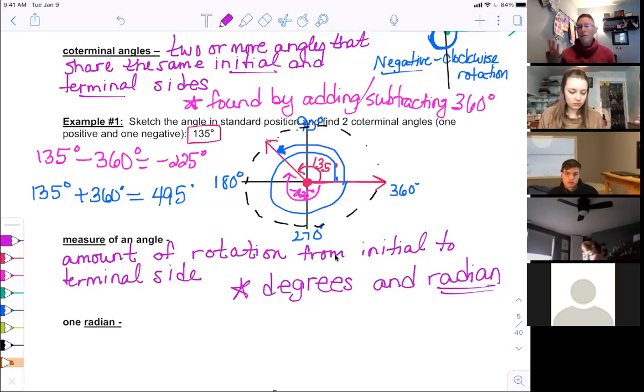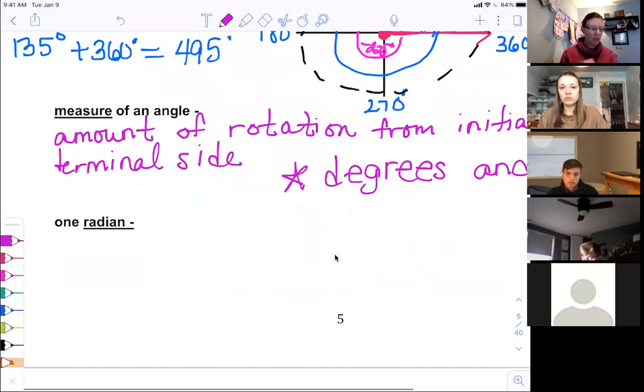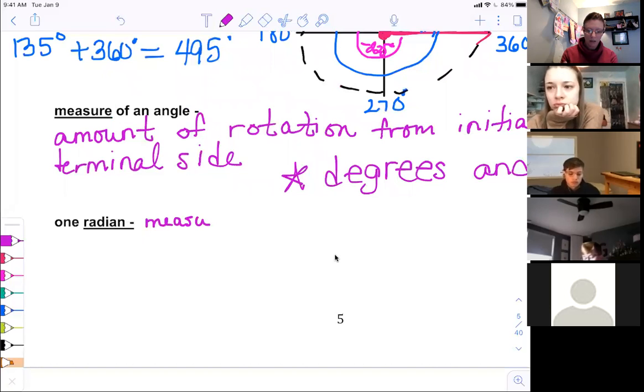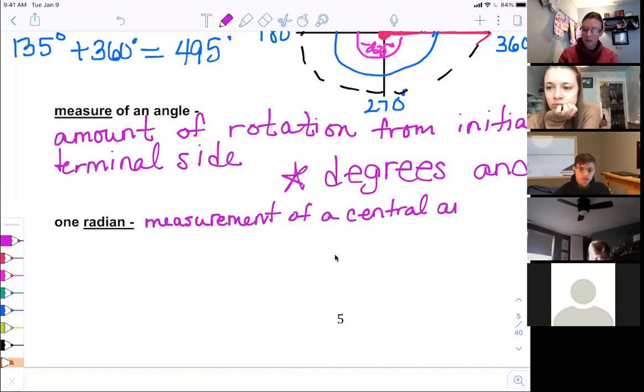There is a formula that we'll see as to how I can use a degree to calculate a radian. So 1 radian, by definition, this is a little weird, is a measurement of a central angle. And I'm going to draw a picture too. That angle we call theta. That is the angle that we will be using.